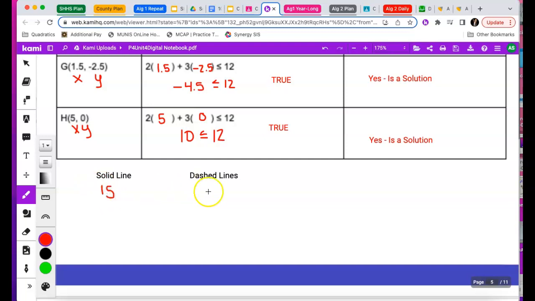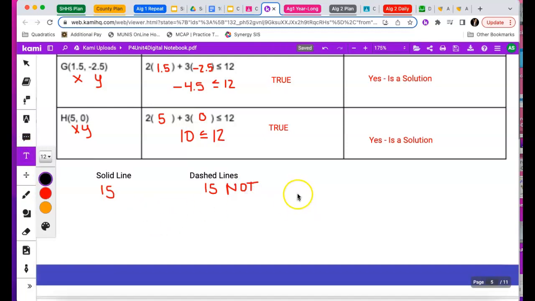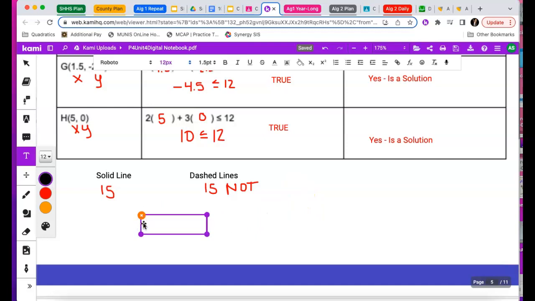If it's on a dashed line, it is not a solution. And if it's in the shaded region, that's another time when it is a solution. So if the point is in the shaded region, it is a solution.